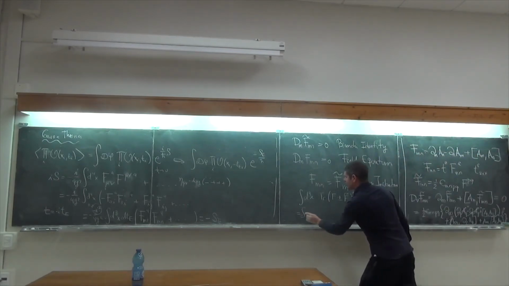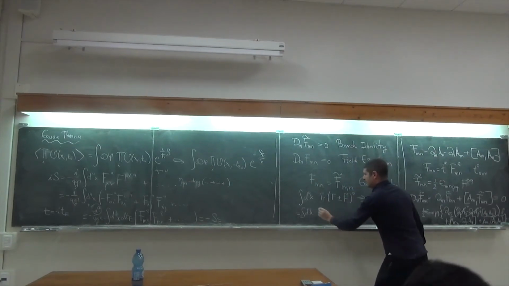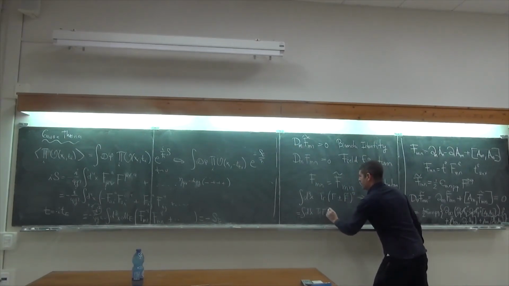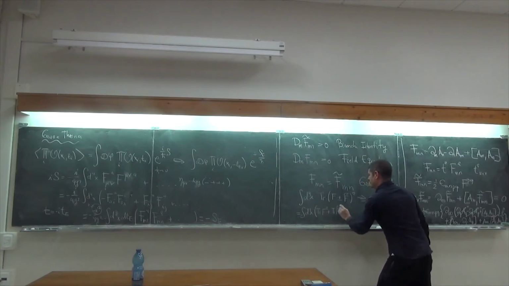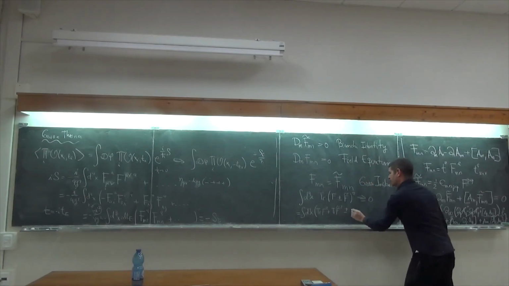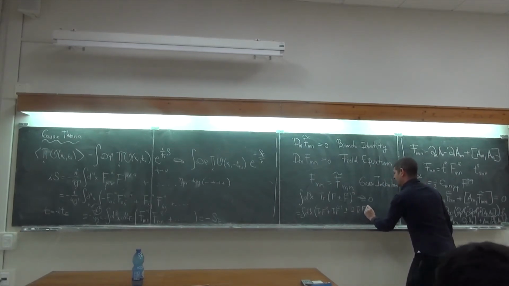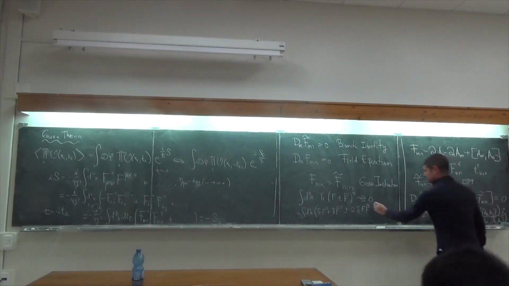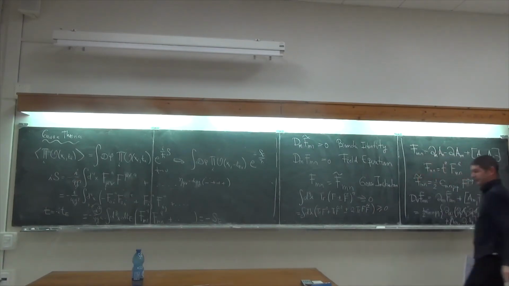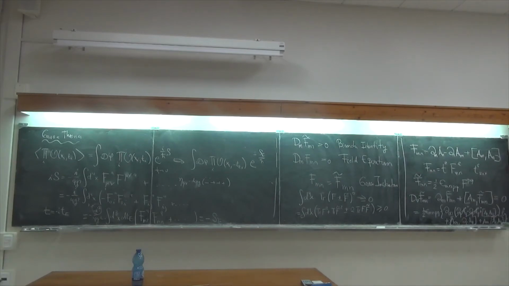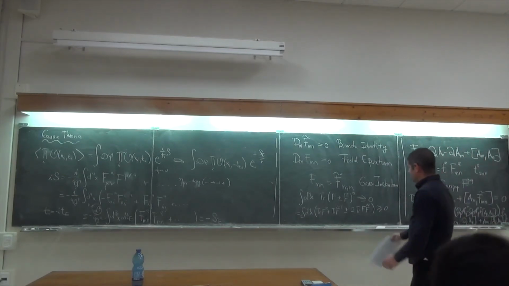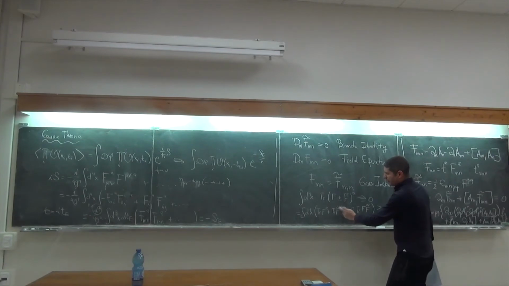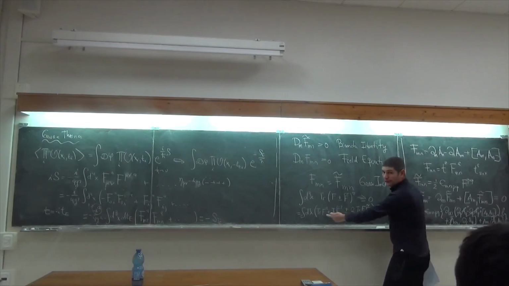This is d4x, trace of F squared plus trace of F tilde squared plus or minus 2 trace of F F tilde. And we know that this is bigger than or equal to zero. Now you can see that trace of F tilde squared is equal to trace of F squared.